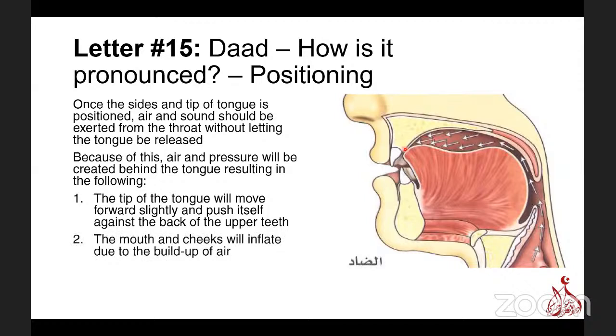Second thing that's going to happen is because of all of this pressure, the mouth and the cheeks are going to inflate. They're going to inflate kind of like a balloon due to all of the buildup of air. If you see Qurra, when they try to explain how to pronounce a Daad, their actual cheeks become inflated, right?